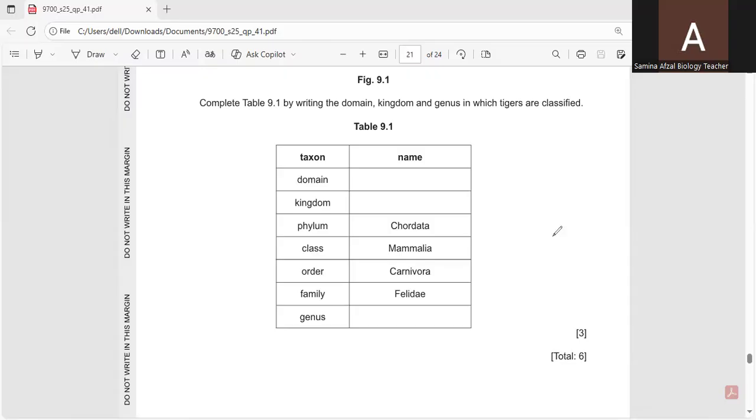The domain is Eukaryota, or eukaryotes. Kingdom is Animalia.